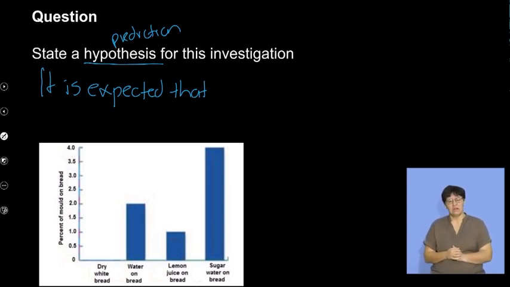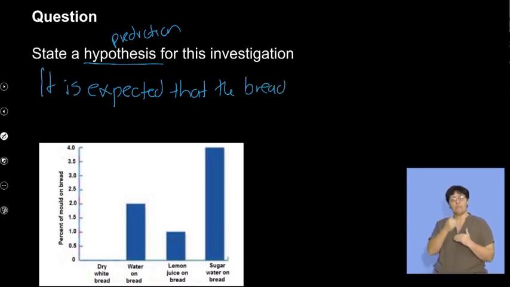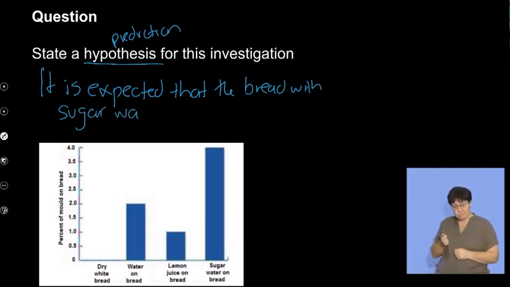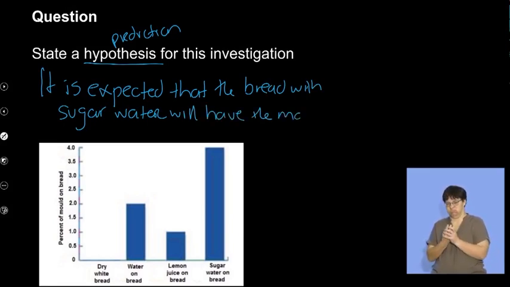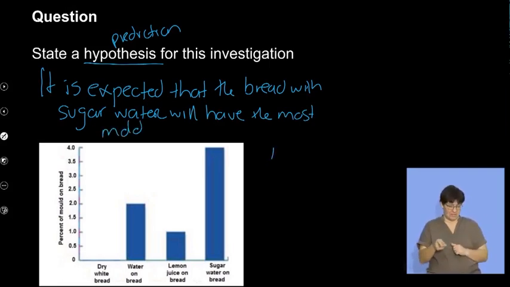Look at the information. The bread with sugar water will have the most mold. Look, I used my information, because what did it show me? It showed me the sugar water.